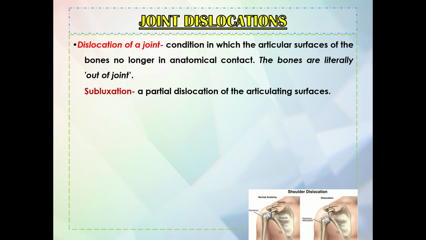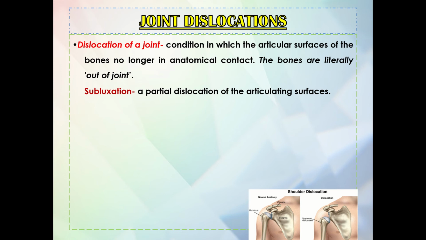So dislocation of a joint, this is a condition in which the articular surfaces, meaning the joint of the bones, no longer in anatomical contact. So kapag wala na sa tamang contact yung ating joints, then nagkaroon na tayo ng dislocation of that articular body part. So the bones are literally out of joint.